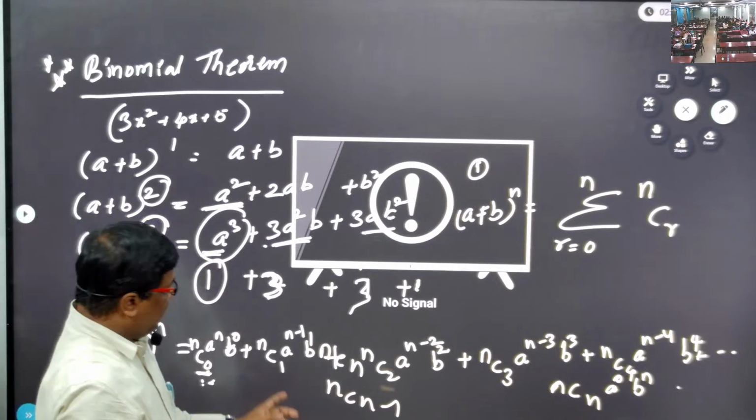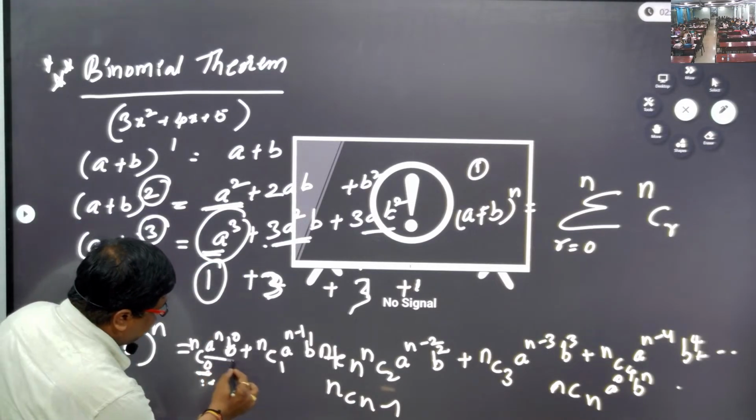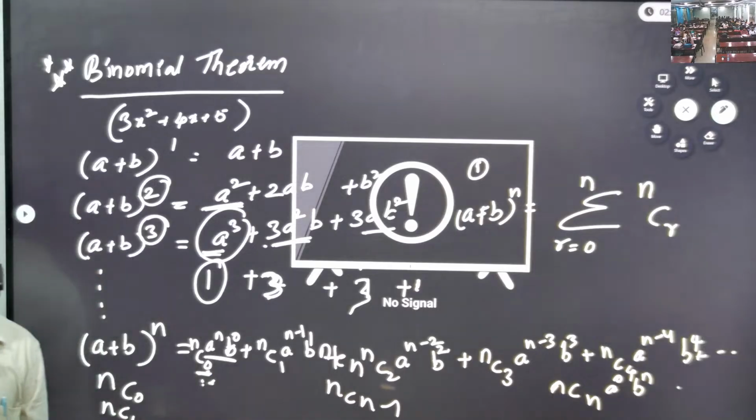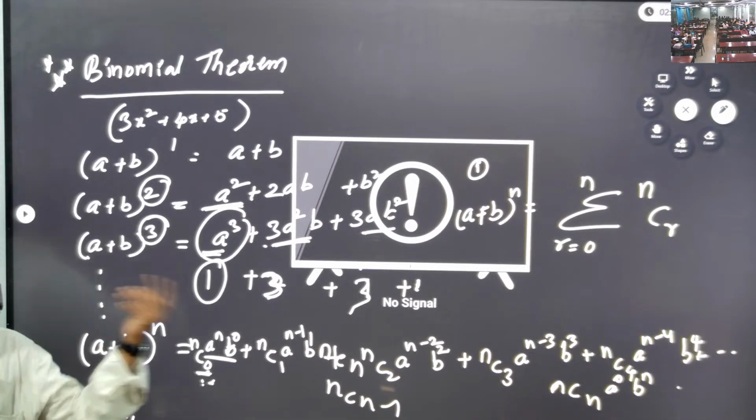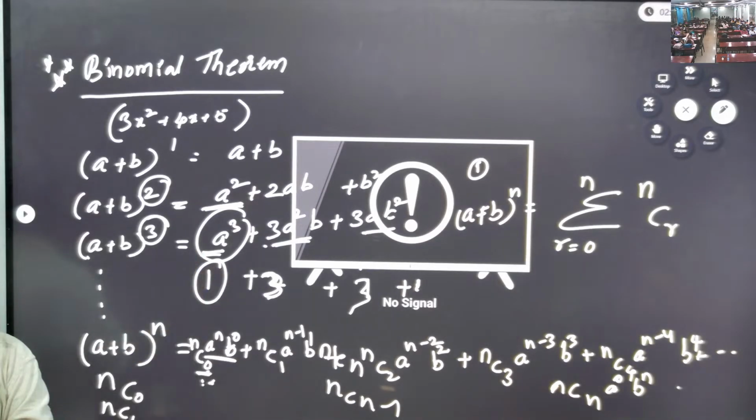Now how are your a value and b value behaving? Is the a value decreasing or increasing? Decreasing.